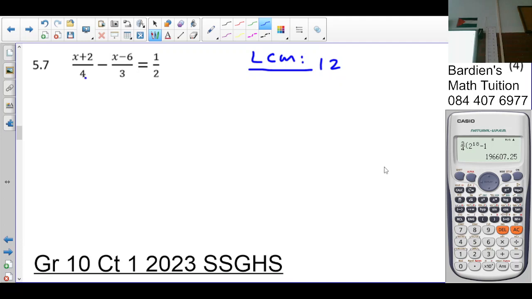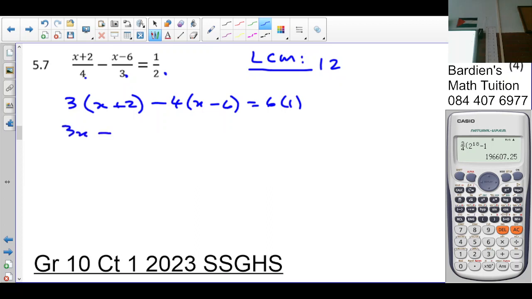So, this 4 must be multiplied by what? 3. There's 3 into x plus 2 minus. This must be multiplied by 4. So, it's 4 into x minus 6. This must be multiplied by 6. So, it's 6 into 1. So, it gives me 3x plus 6 minus 4x plus 24 equals.